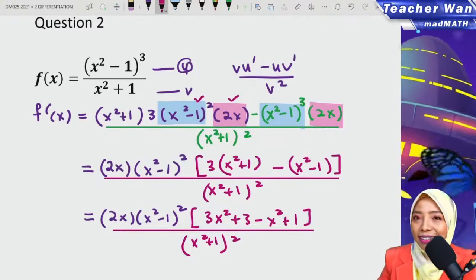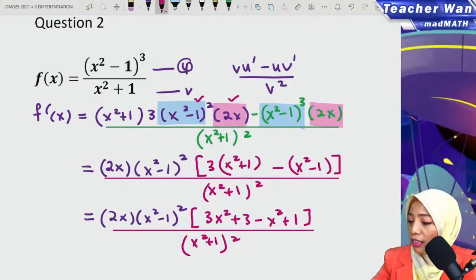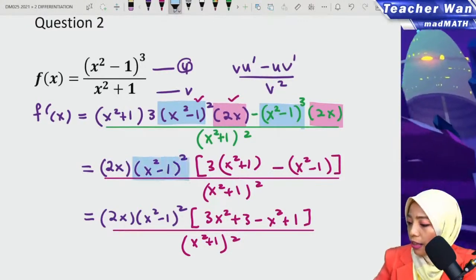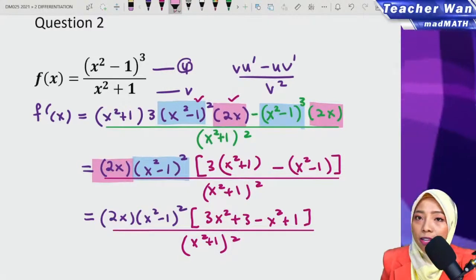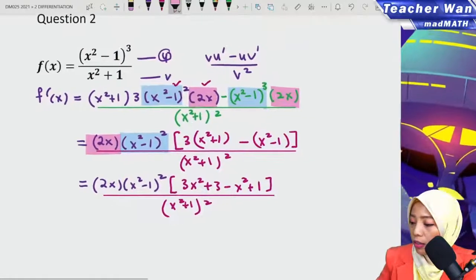The crucial part is how you are going to factor out. Which are you going to factor out? This blue color and this pink color. 2x. If you do this correctly, then you have no problem continuing the remaining steps.